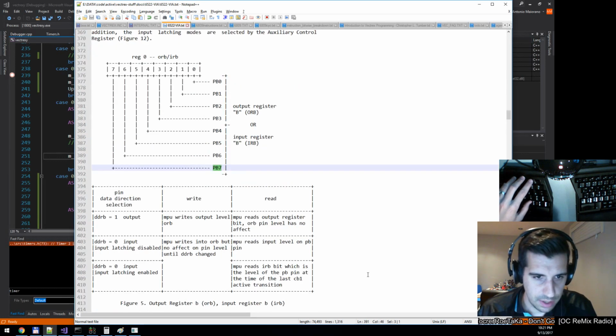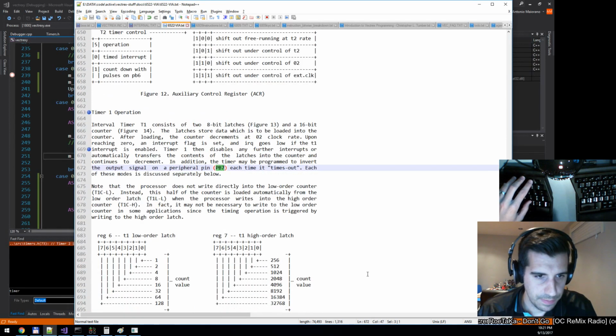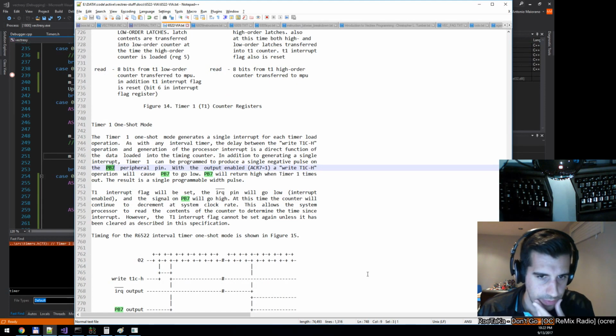Yeah, okay. A single negative pulse on PP7 pin with the output enabled, a write, will cause PP7 to go low. Yeah, maybe that's the thing. T1 interrupt flag will be set.